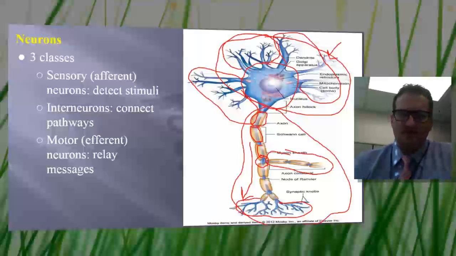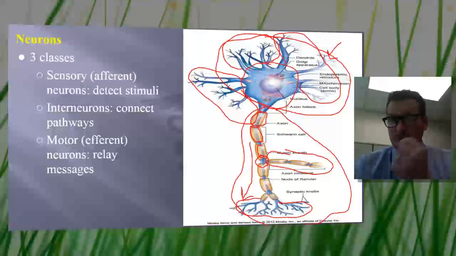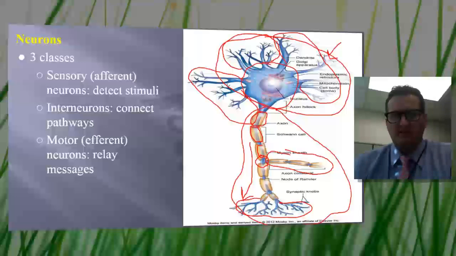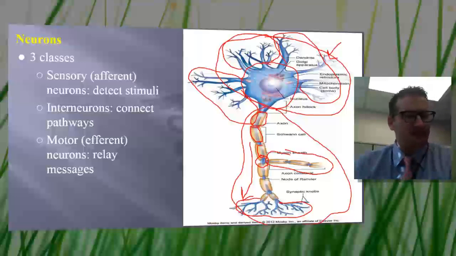It's composed mostly of lipid, and it's secreted in the peripheral nervous system by Schwann cells. In the central nervous system, it's created by oligodendrocytes. These little gaps that I talked about in between the myelin are called nodes of Ranvier, or gap junctions, and that's these little things right here.